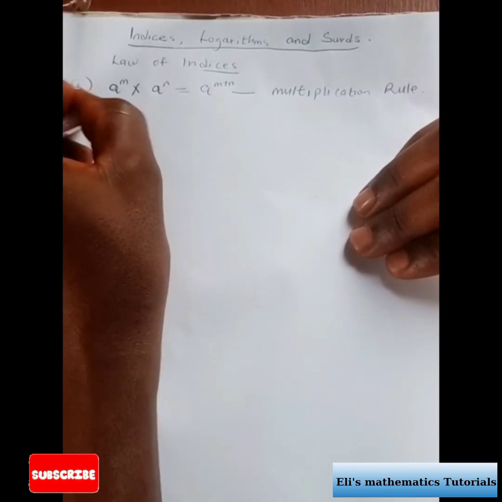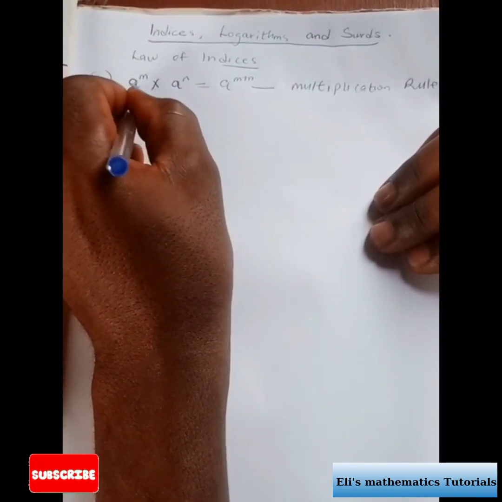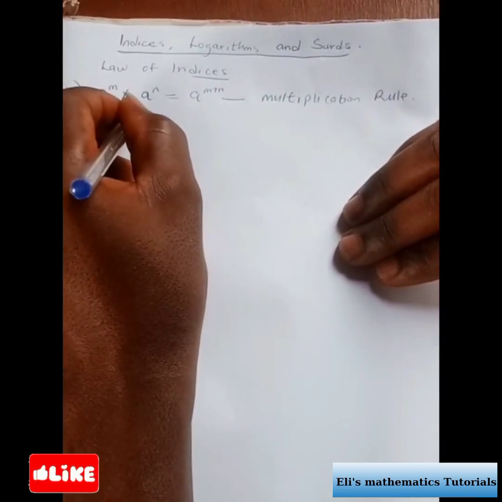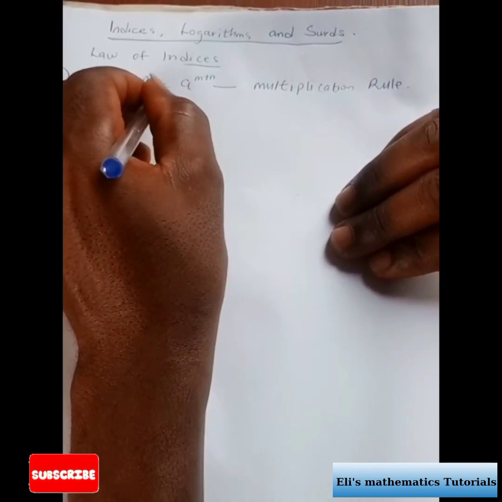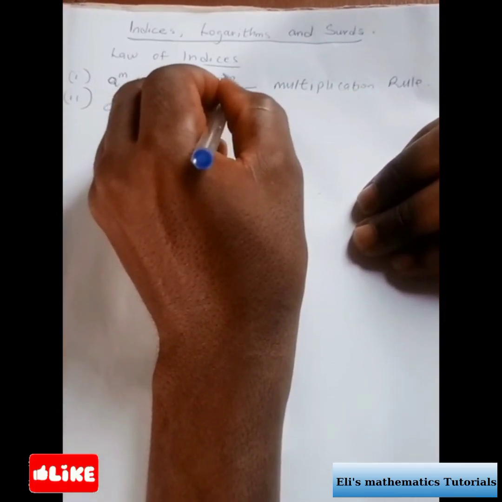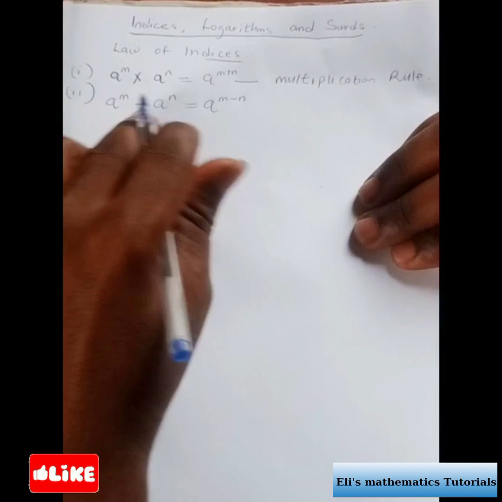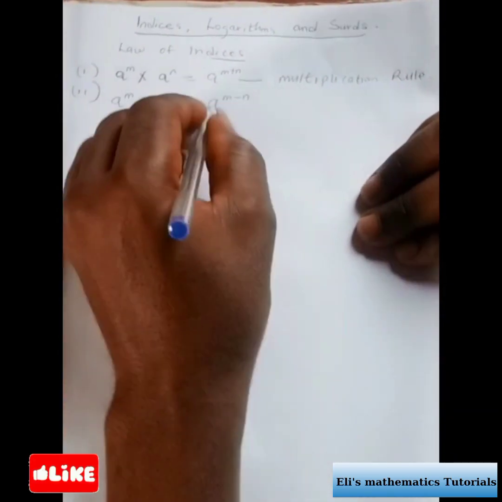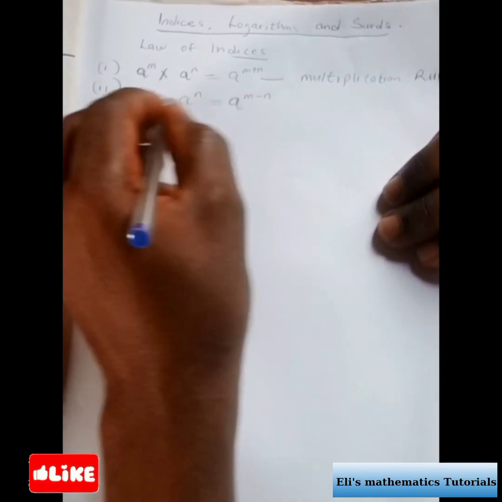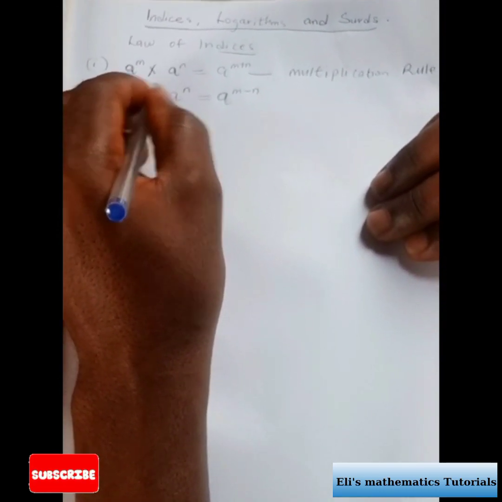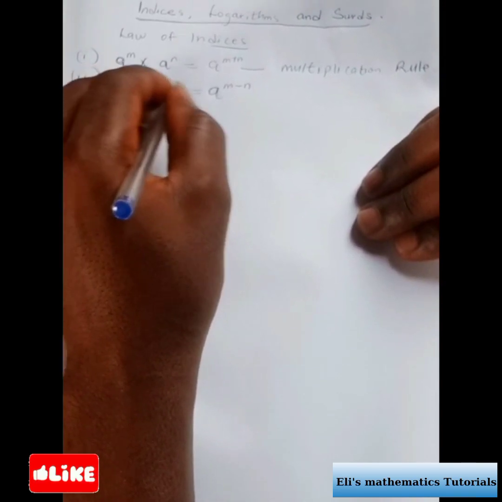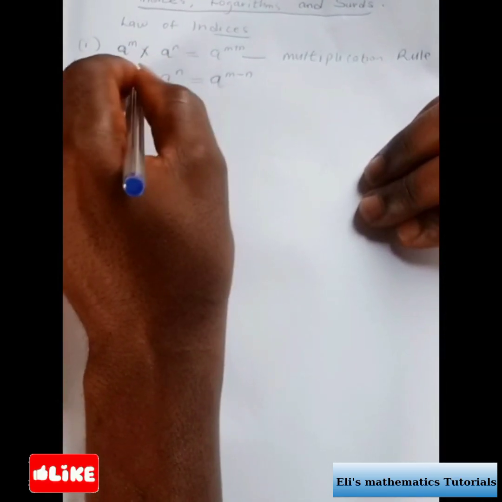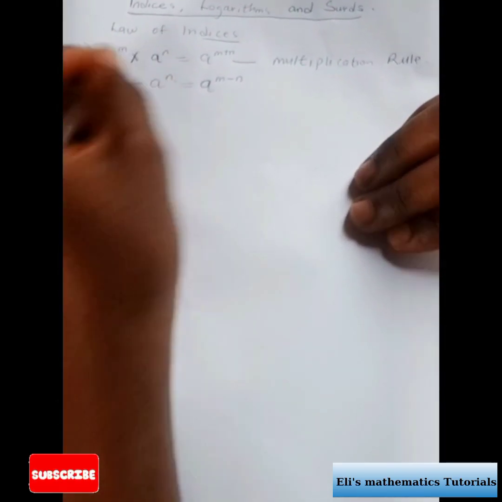Then law 2. This one states that when the bases are the same, we pick one of the bases and then we subtract n from m.